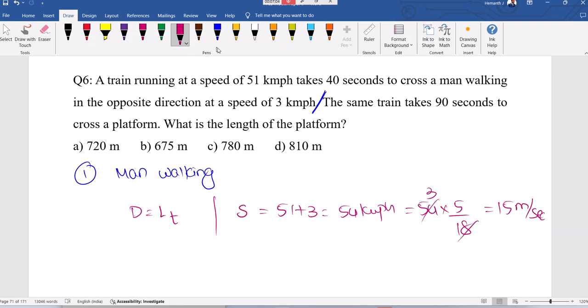Now distance is speed into time. So the length of the train is nothing but 15 into 40, 600 meters. First case, train crossing a man walking. Guys, understand the approach. No question will repeat. Questions will not repeat. Kindly understand that.